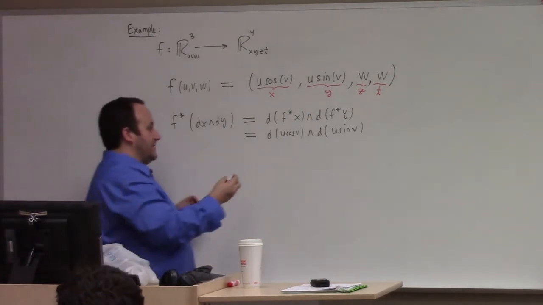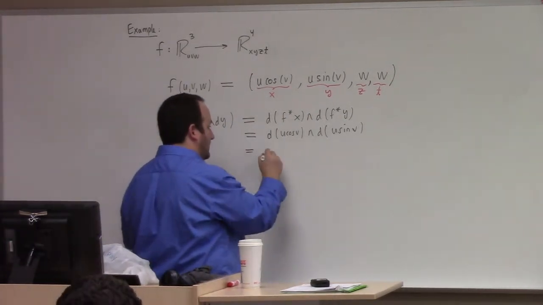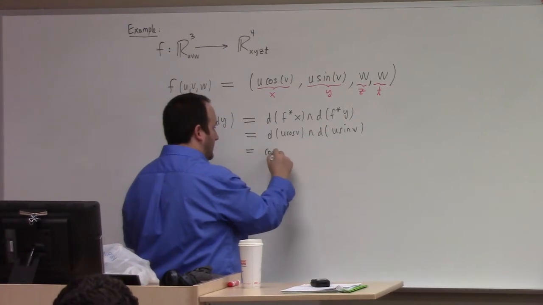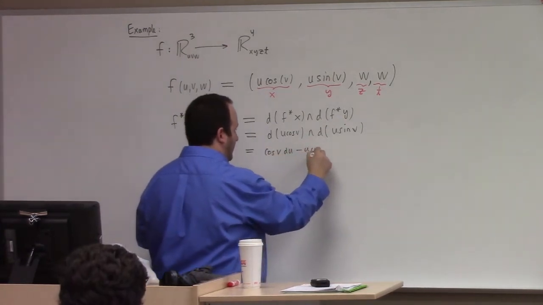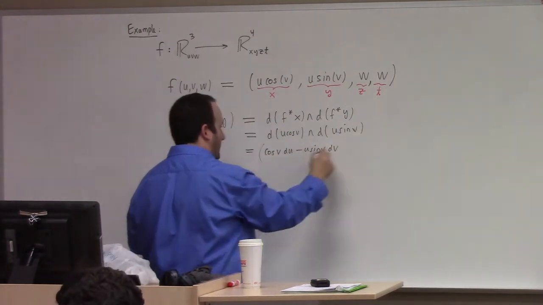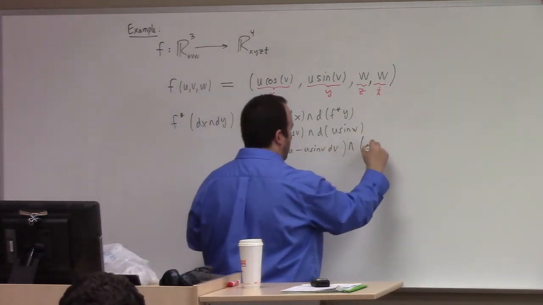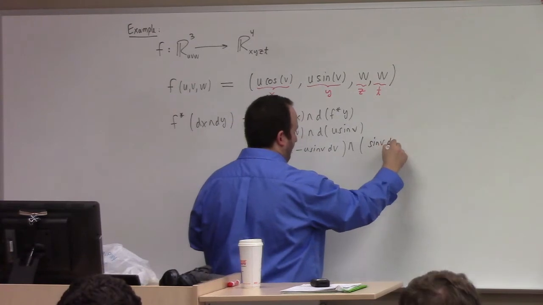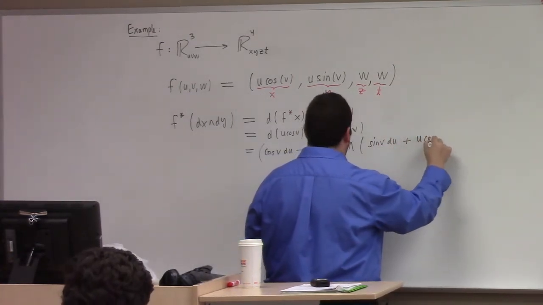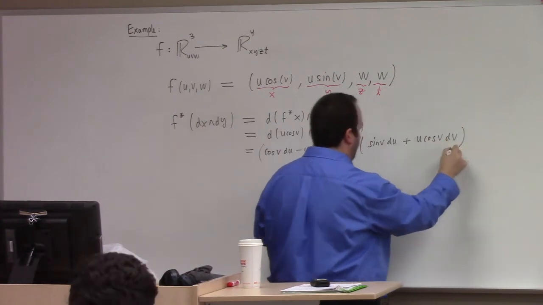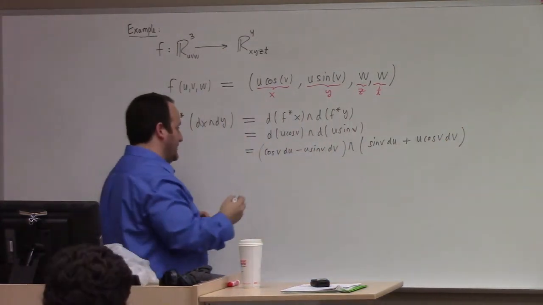And then we can work that out, right? So that's cosine v du minus u sine v dv wedged with sine v du plus u cosine v dv. What's that work out to?